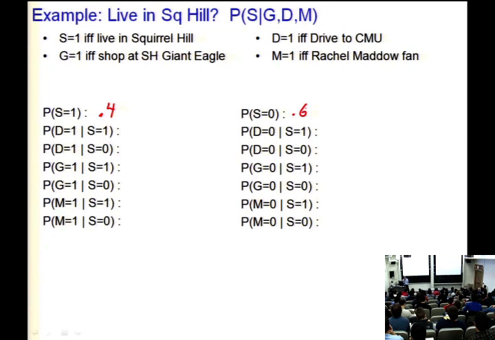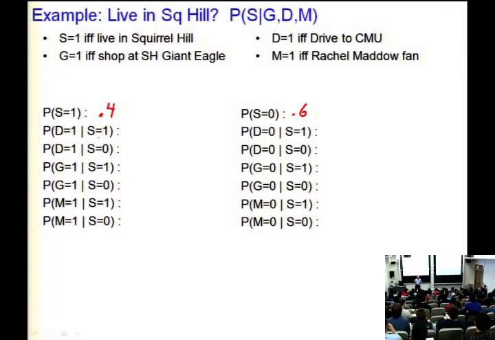That's easy. Okay, so now we want to know the probability that you drive given that you live in Squirrel Hill. I need to know how many people. I'm going to need a more accurate count. I apologize for this, but for S, I really do need an accurate count.